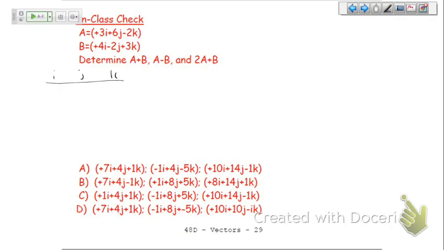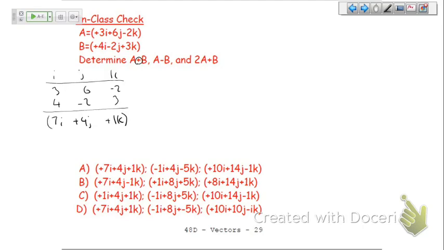I want A, which is 3, 6, minus 2, added to B, which is 4, minus 2, and 3. And the operator is to add, so I'm going to go 7i plus 4j plus 1k. And again, I've got no units on it, which is a pity.